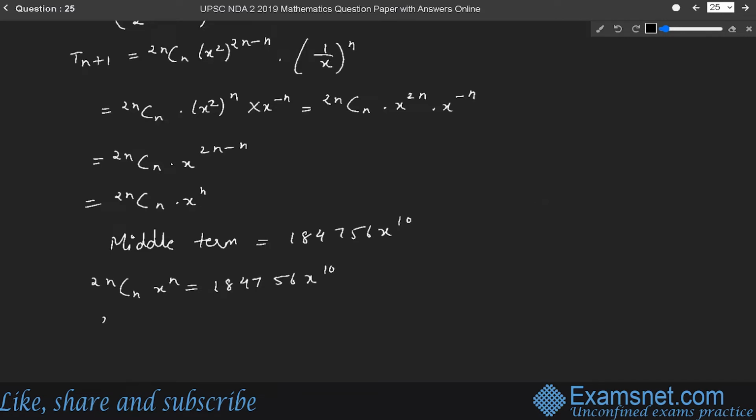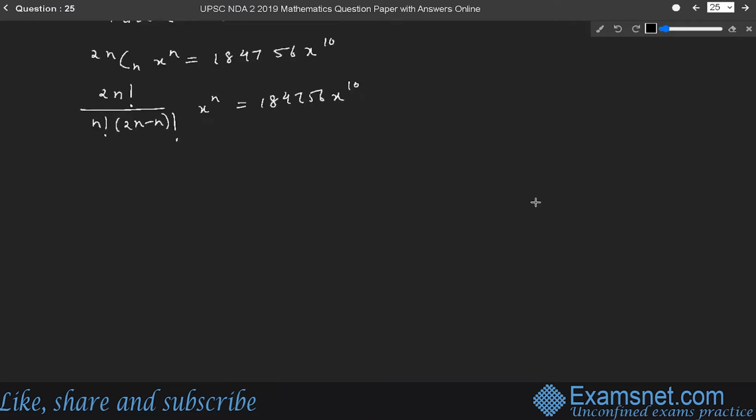So it can be written as 2n factorial divided by n factorial into (2n minus n) factorial into x power n is equal to 184756 x power 10. On further solving, it will be 2n factorial divided by n factorial into n factorial into x power n is equal to 184756 into x power 10.